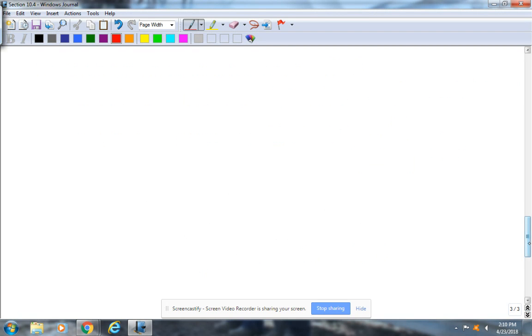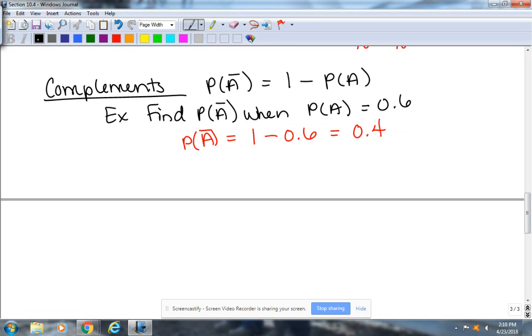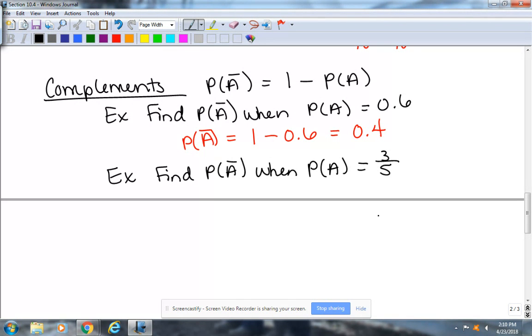Okay, let me get one more space up here. And here's your other example. Find the complement of A when the probability of A equals 3/5. Of course, I gave you a fraction. Okay, so to find the complement, you're going to say 1 minus 3/5.